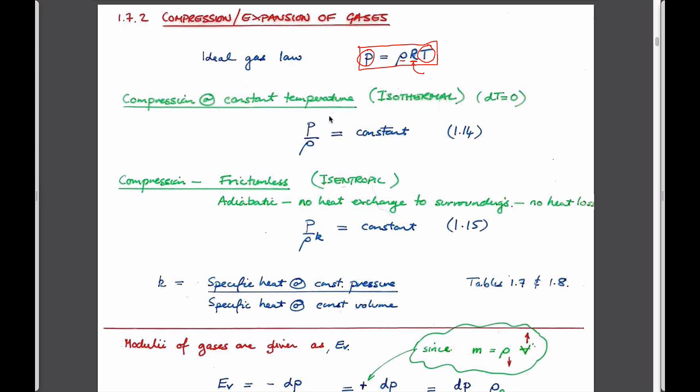You know that if we have isothermal compression, then we can just write the ratio of these, and since temperature doesn't change, P over rho is equal to RT. Since temperature and gas constant don't change, then this is the constant, and you can write it between two states, one pressure and another pressure if it's a closed volume, and so you can use that. If it's isentropic, then that means that the entropy doesn't change.